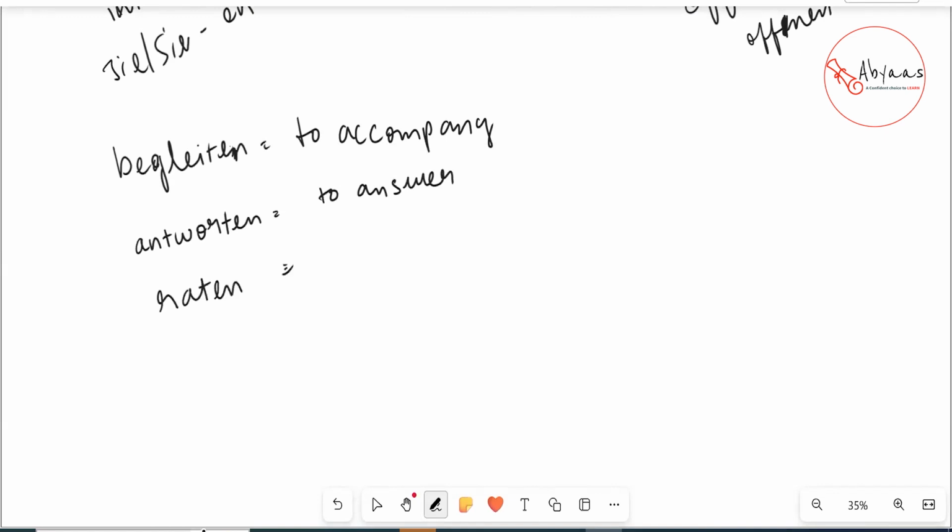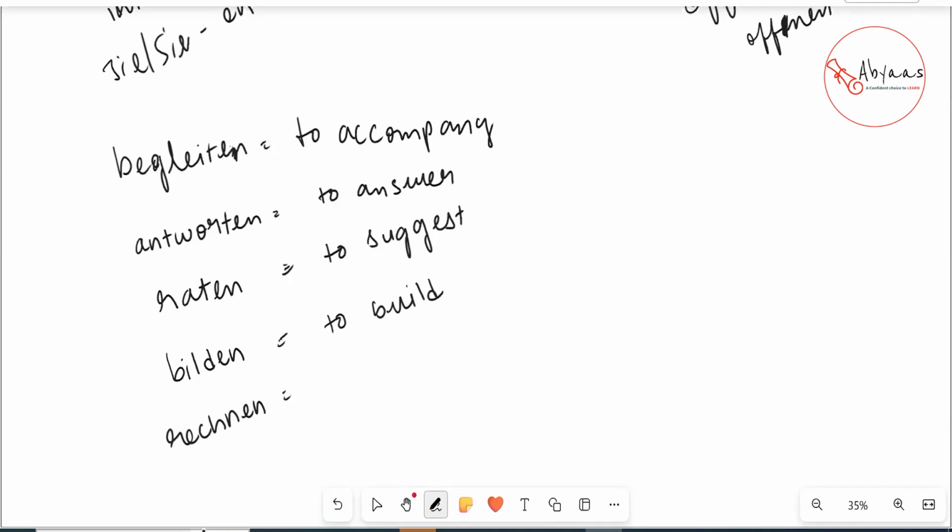Raten is to suggest. Bilden is to build. Rechnen is to calculate.